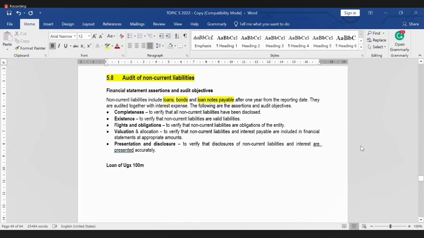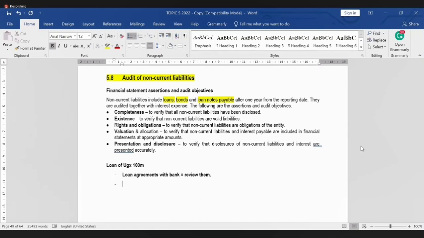One, there will be loan agreements with the bank. So you're going to review them. Once you review them, you confirm whether actually the loan was acquired or not, and the exact amount that was acquired.